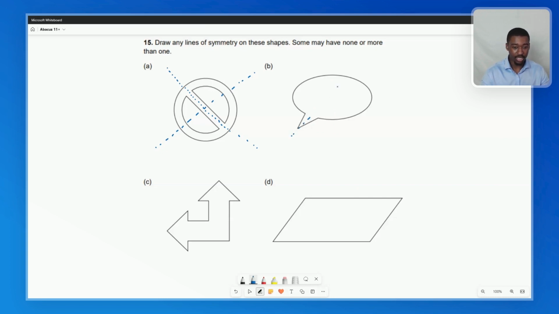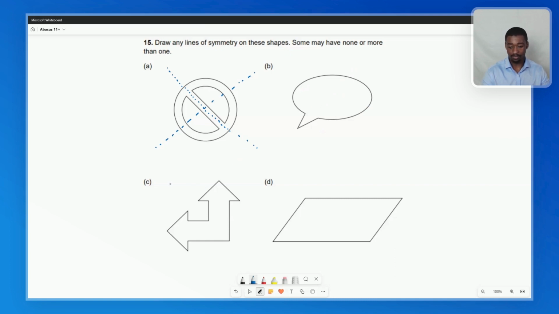Perhaps you could argue for this line here, but these two sections of the shape don't really seem equal enough for us to fold over one section and for there to be no overlaps. And therefore for B, I would say there are no lines of symmetry, no lines where we can fold the shape over those lines and there will be no overlaps. So let's leave B with nothing.